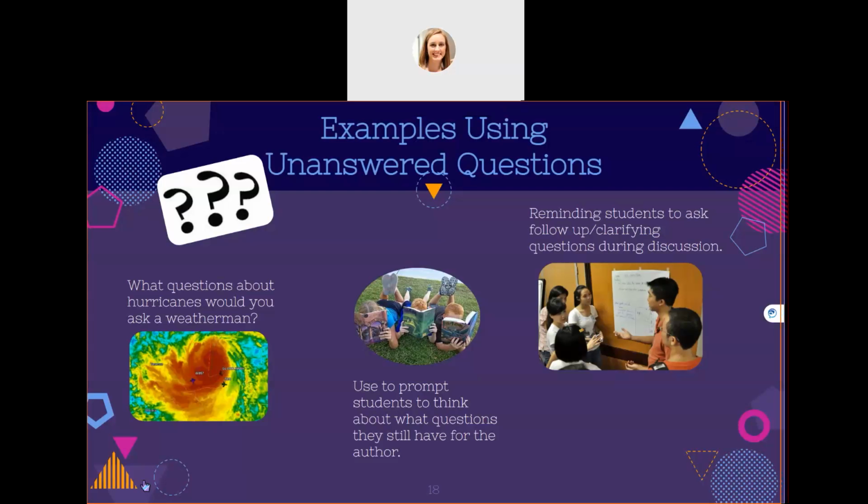And then when you're having discussions in class, this would be a great way to remind students to ask follow-up or clarifying questions during discussion. So if someone gives a response and they're not sure what that student might mean, then they can ask a clarifying question in an appropriate way. So it's a great way to remind them during that discussion.